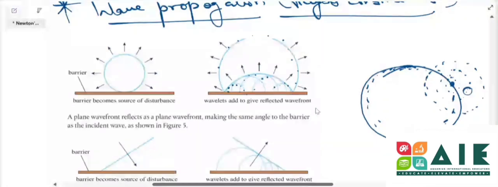So now here you can see in your figure that circular and plane wavefronts propagate according to the construction. Let me show you that also.